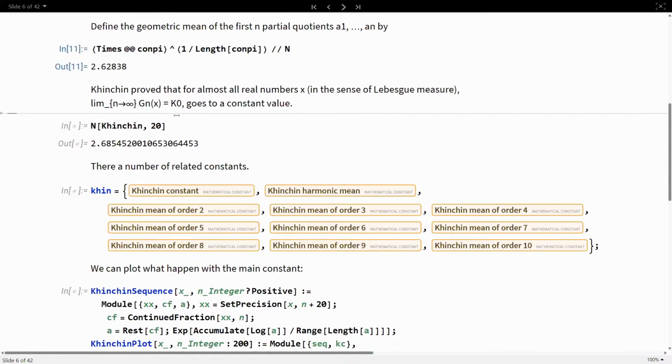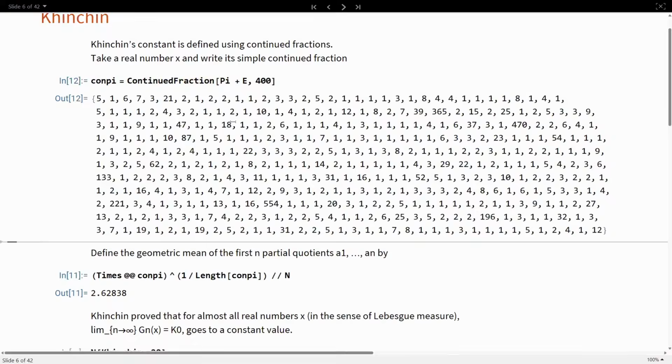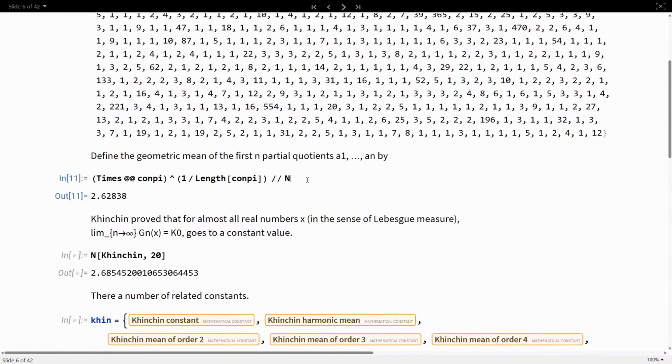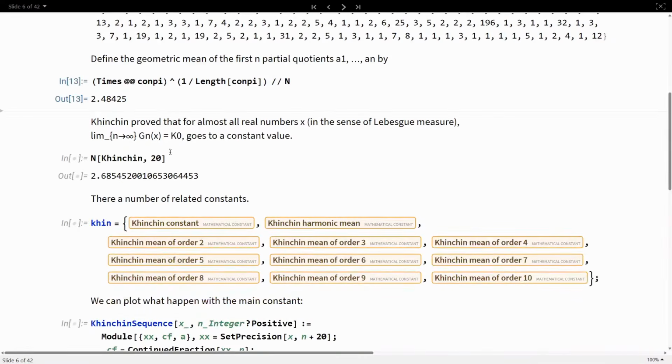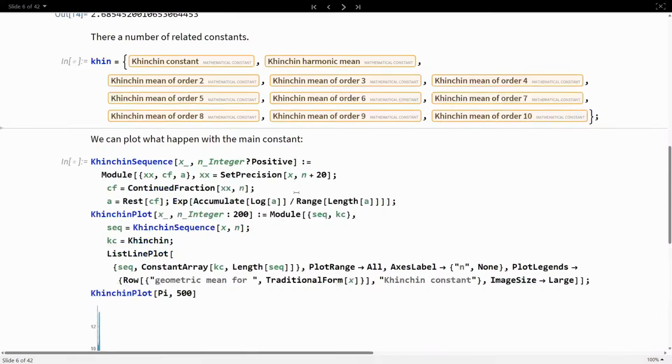And basically for almost any real number, when you perform this for some value, for example, e plus pi, it usually will go to the same number, which is Khinchin's constant. And there's a bunch of various related constants to Khinchin's constant.